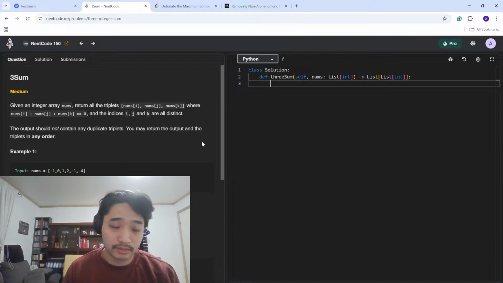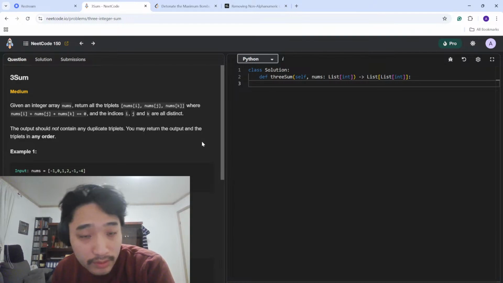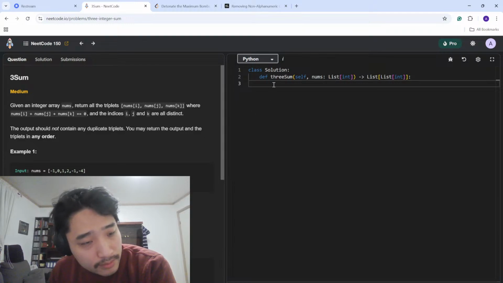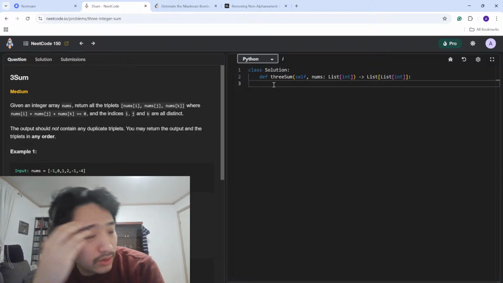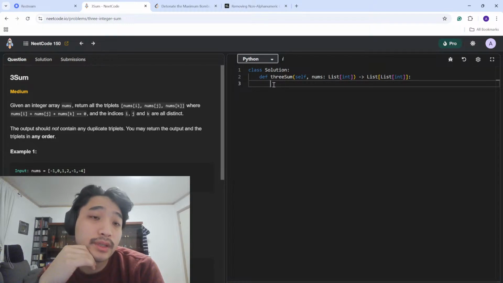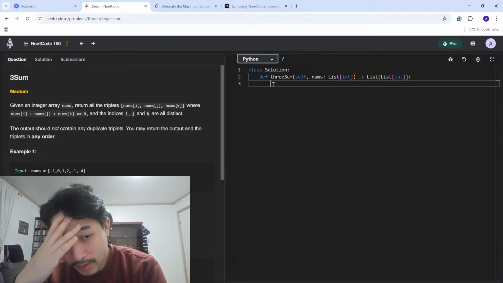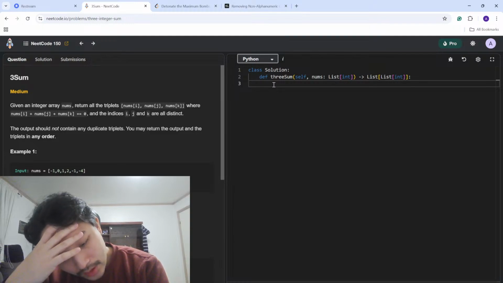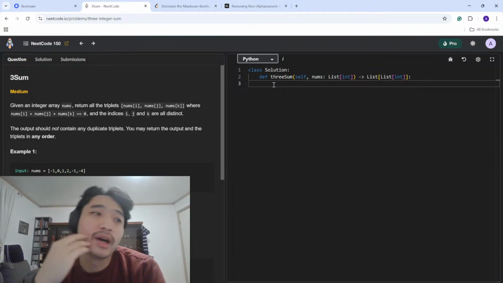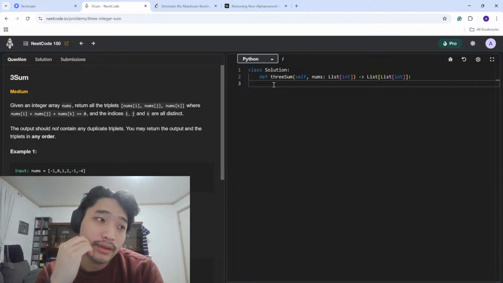The indices are all distinct. The output should not contain any duplicate triplets. You may return the output in any order. I'm just thinking out loud. If this was a real test, I would just do it by intuition. But since I have time to explain and think, I prefer to get somewhat optimal answers from the get-go, because more often than not it's not that much more complicated than the brute force way.